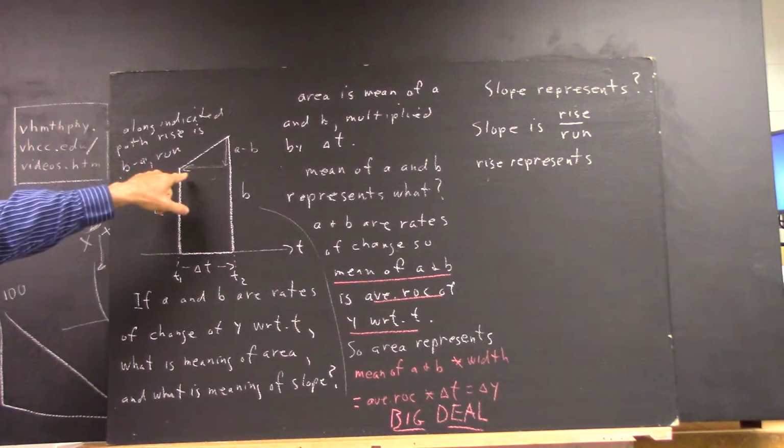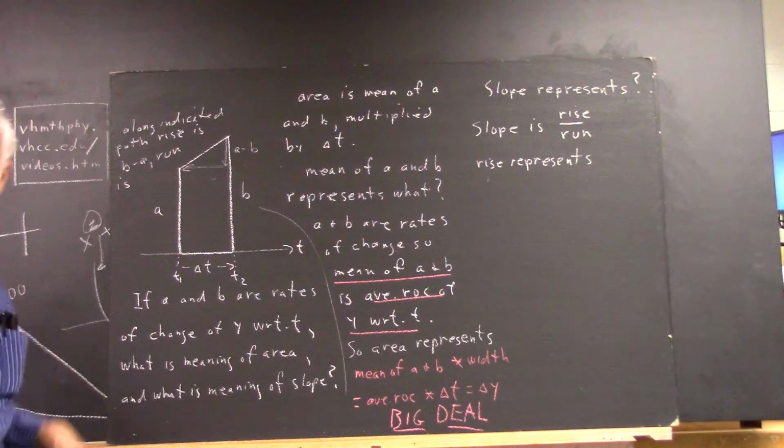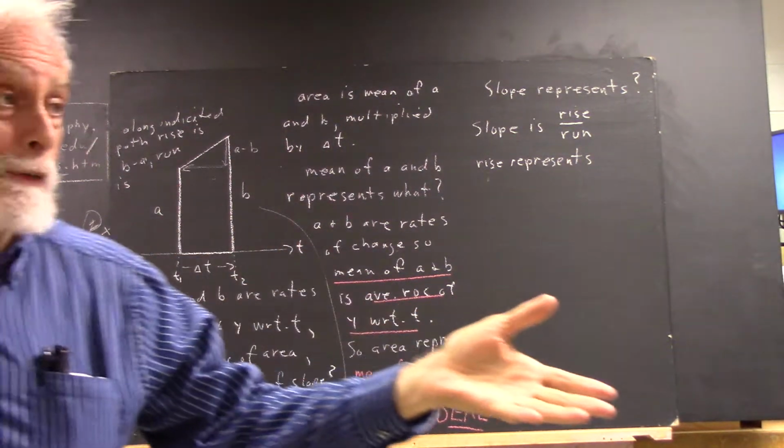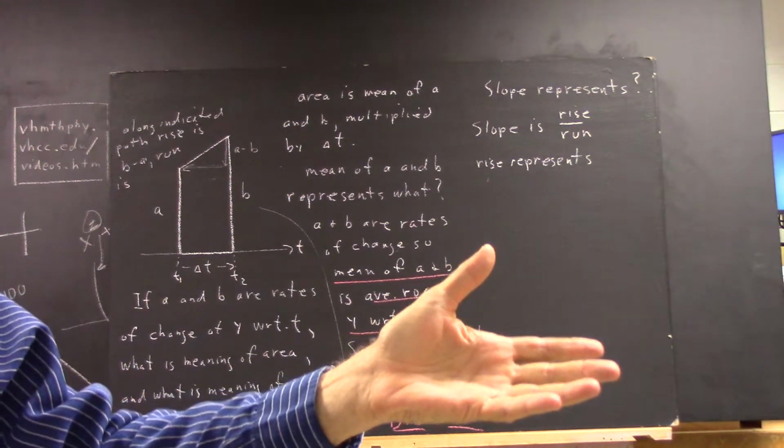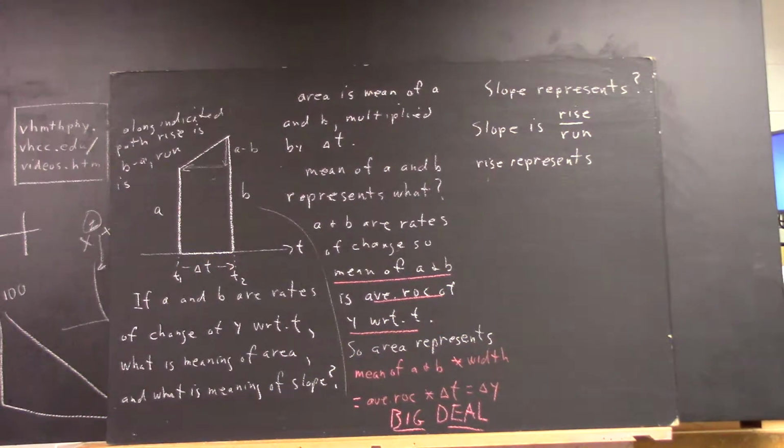Along the indicated path, the rise is B minus A. What's the run? What do you have written down? T2 minus T1. Everybody agree it's T2 minus T1?